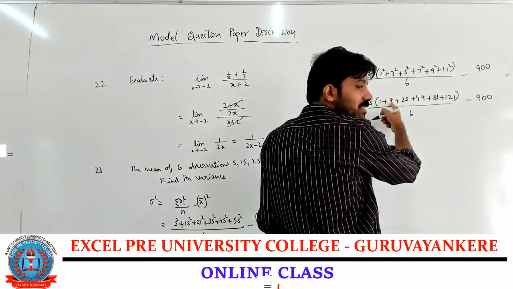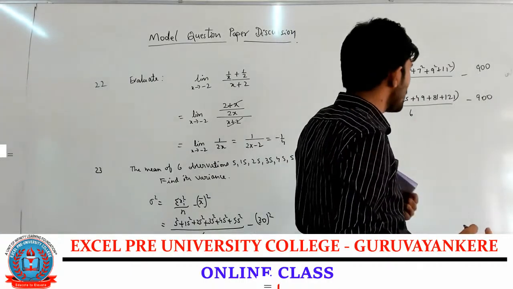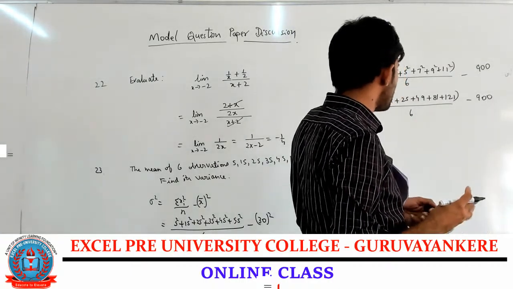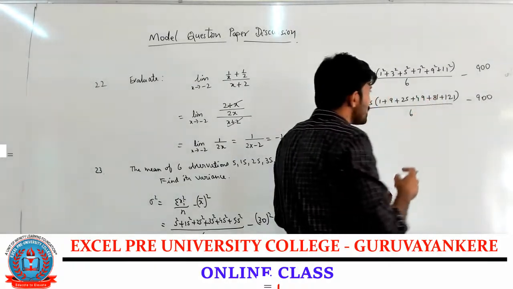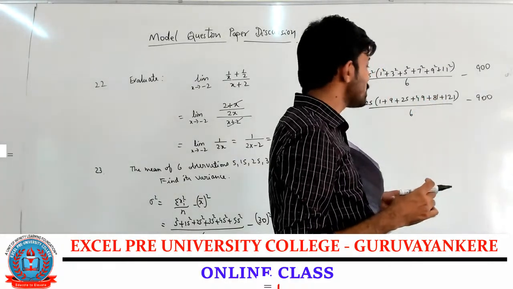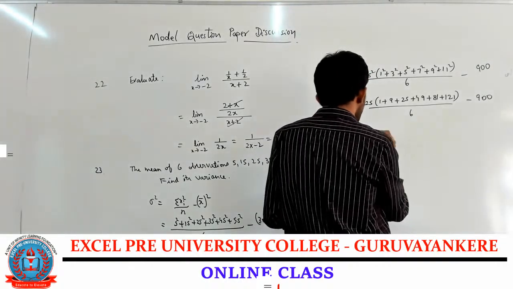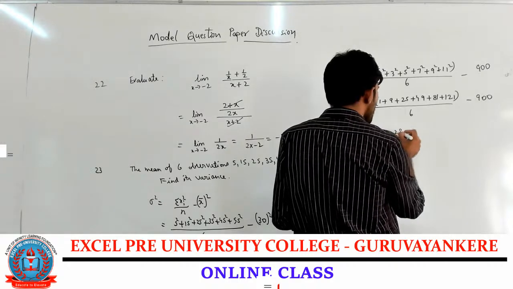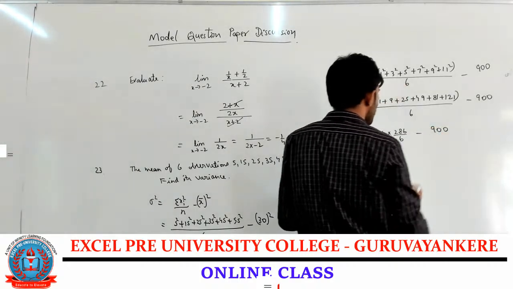1 plus 9 is 10, 10 plus 25 is 35, 35 plus 49 is 84, 84 plus 81 is 165, 165 plus 121 is 286. So this is 25 into 286 divided by 6 minus 900.